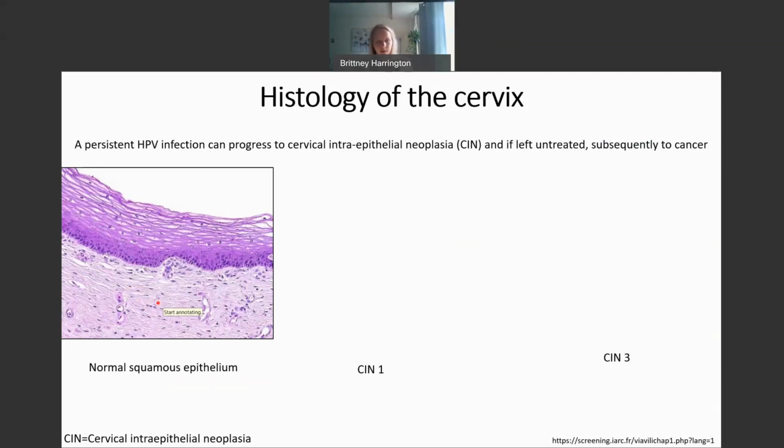So this is a biopsy or a section of a biopsy from normal squamous epithelium. Squamous just describes the cell organization. In this image, you can see it's a pink and purple stained tissue. This is through the use of a very commonly used dye or pair of dyes, hematoxylin and eosin staining.